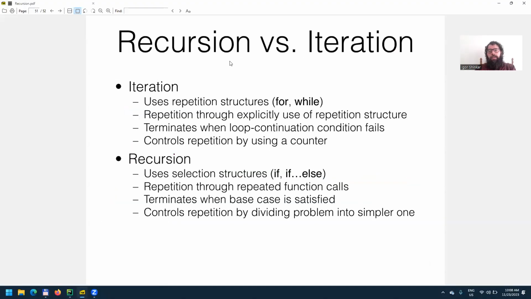Okay. So I would like to summarize. We have recursion, we have iterations, and iterations use for loops and while loops. Recursion can also emulate for loops, but it works in a different way. So we have a base case, and then we have a recursive call.